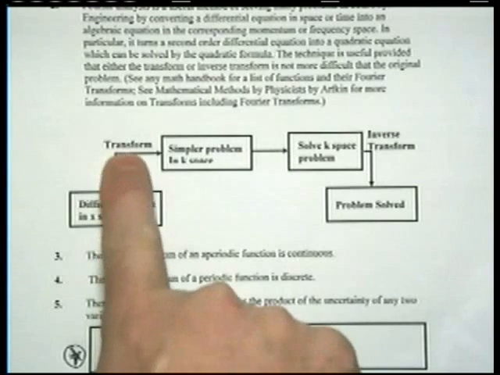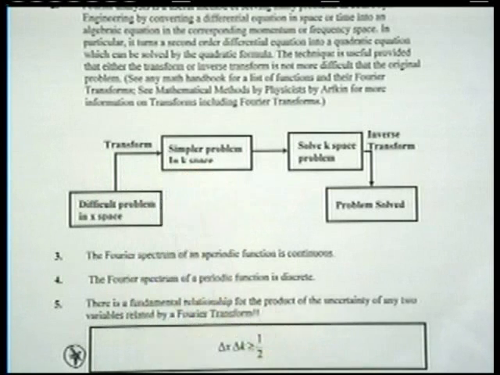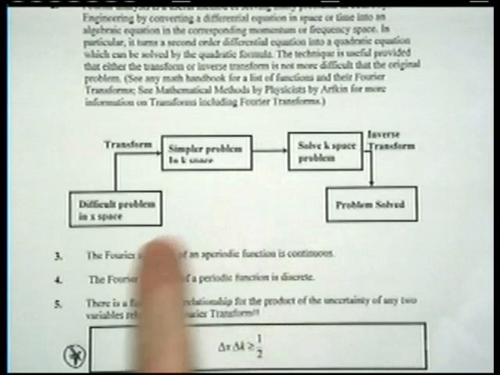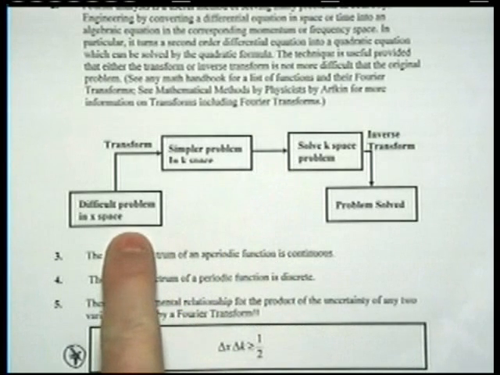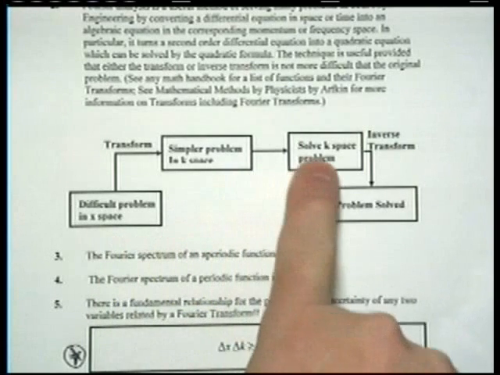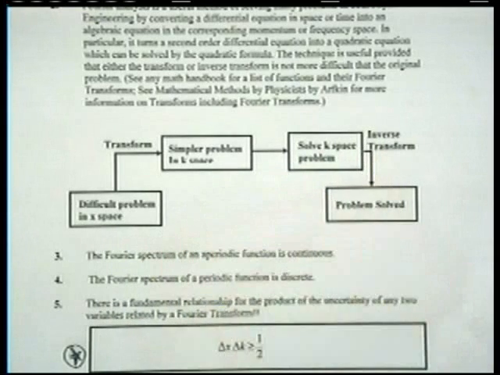So you take the transform to get to a function of k. This equation in k turns out to be easier. You solve it. But you weren't asked to solve for k. You were asked to solve a problem such as the position of a particle. So then what you have to do after you've solved the problem is take the inverse transform to get back. There are all sorts of different transforms depending on the type of problems.